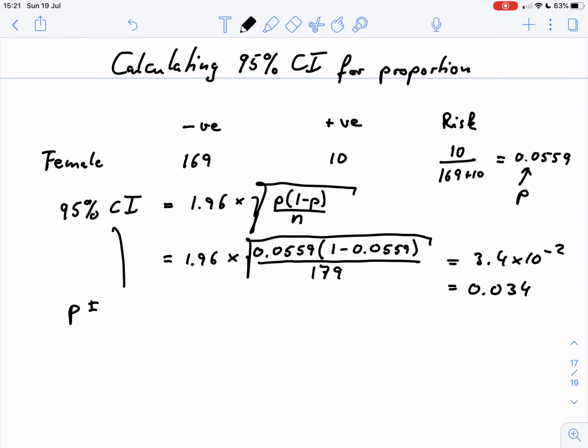So what we just calculated, that would be 0.0559 plus minus 0.034. We need to be careful. We've got only here 3 decimal points, so we want to have 3 decimal points here as well.